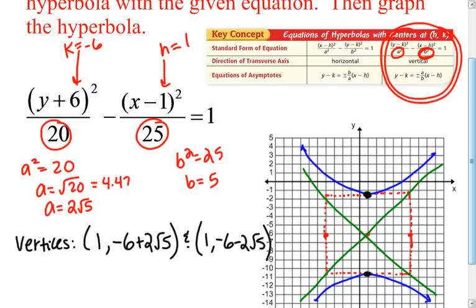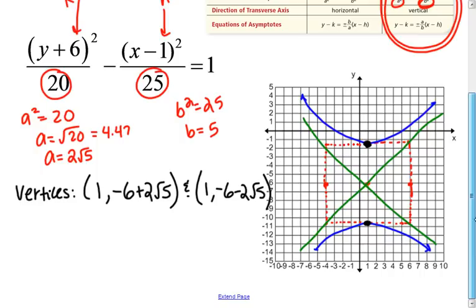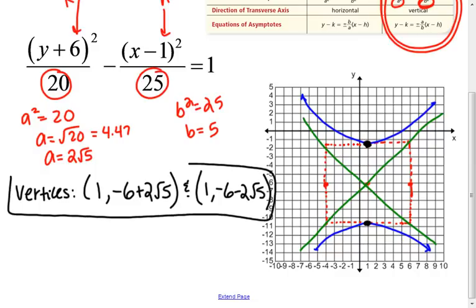Now let's talk about our asymptotes. Or no, let's not do our asymptotes next. Let's do our foci next, okay? In order to do our foci, we need to know what c is. I'm going to box this off so I make sure I have it. You can do a squared plus b squared equals c squared.